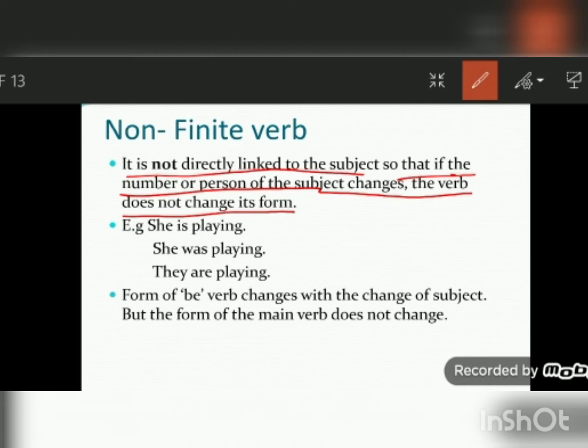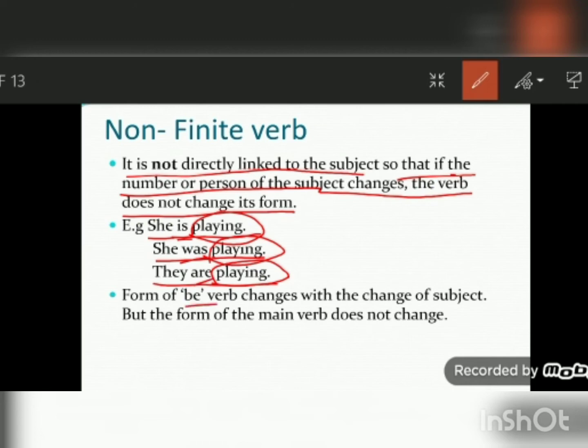For example, she is playing, she was playing, they are playing. If you see here, the main verb playing remains the same in all the sentences. Only the be verb changes: in the first one is, in the second was, and in the third are.